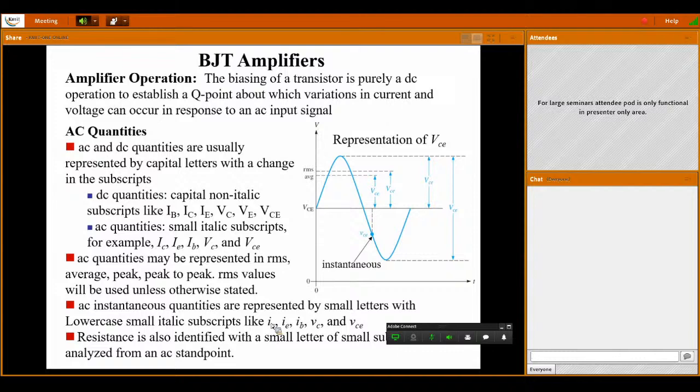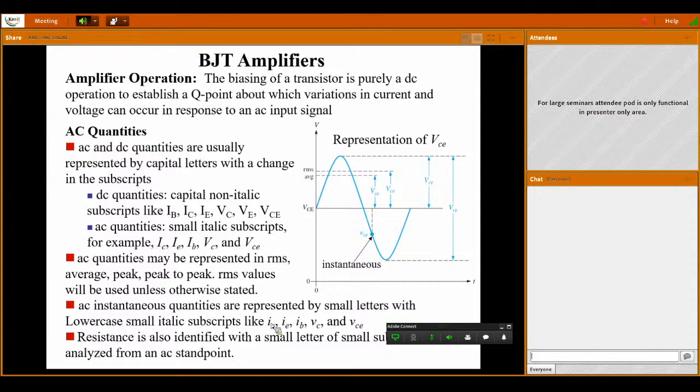Next, these are the quantities which you are representing. In order to represent the DC quantities as well as AC quantities, DC quantities are usually represented by capital letters.